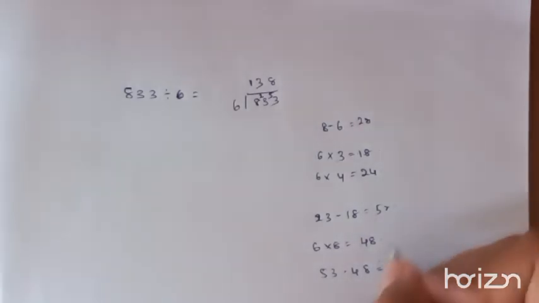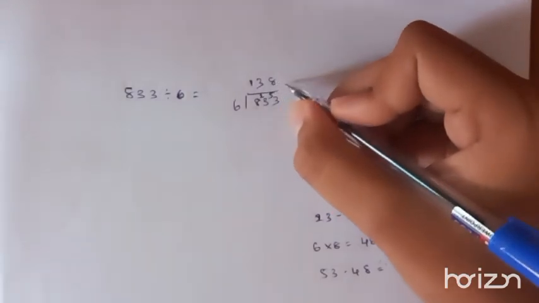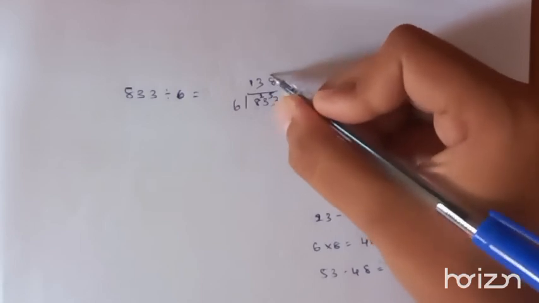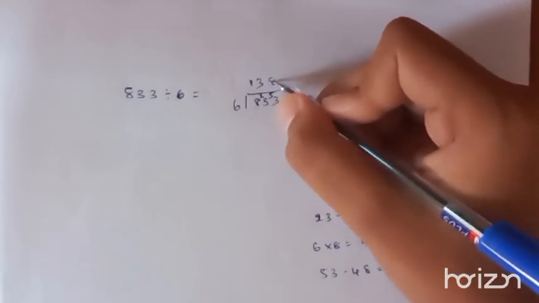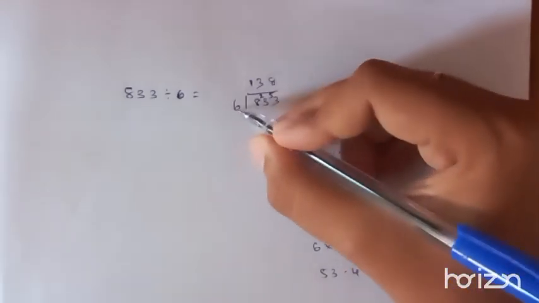We're going to have a remainder here. When you're trying to find the remainder, you multiply the quotient by the number you have here.